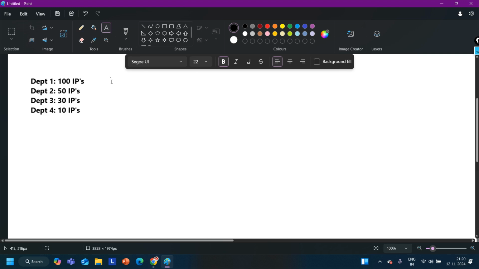And let's say your main subnet is, can I use a subnet from class C? See, the total number of IPs is around how much? 200. So yes, we can use class C. So 192.168.1.0/24 is your main subnet, right? So how are you going to divide it into 4 parts?